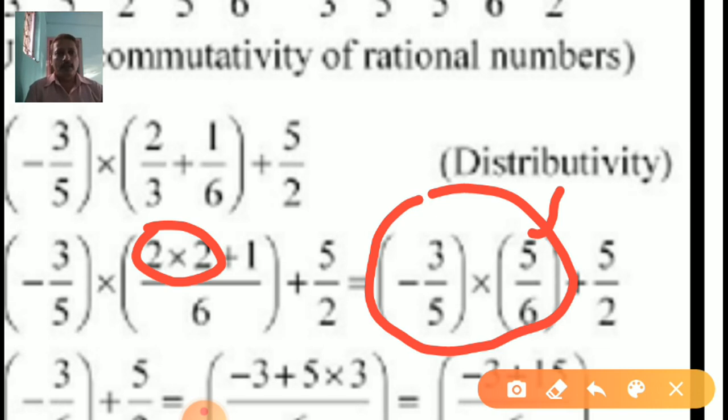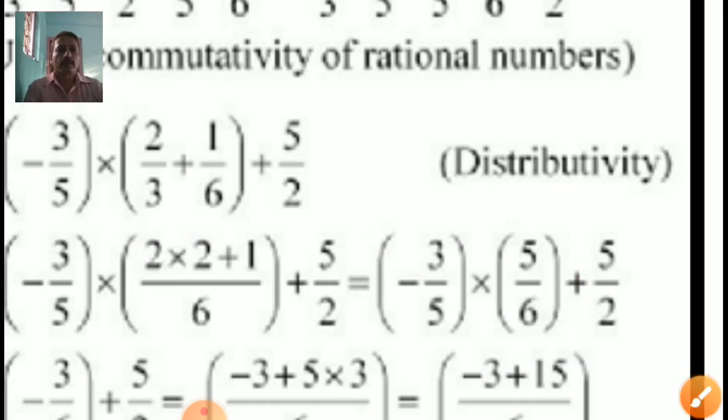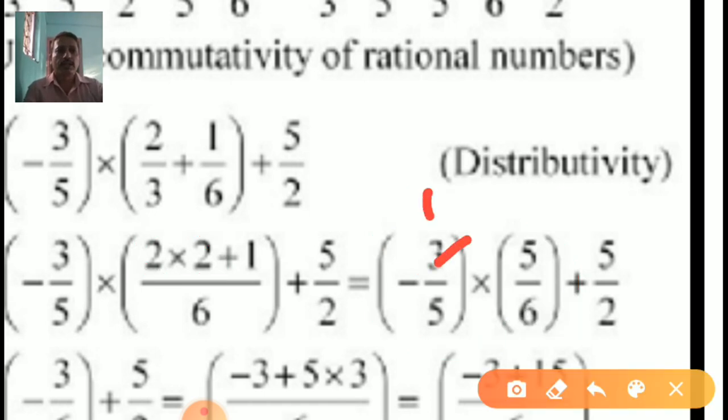So we know 3 1s are 3 and 3 2s are 6. Once again, see, 3 1s are 3, 3 2s are 6. Same way, 5 1s are 5, 5 1s are 5.